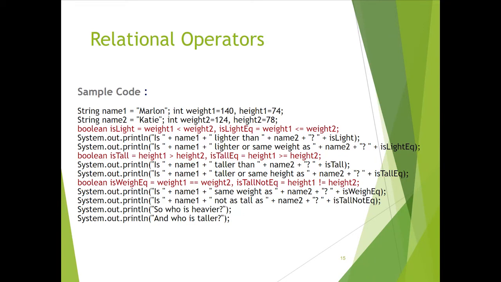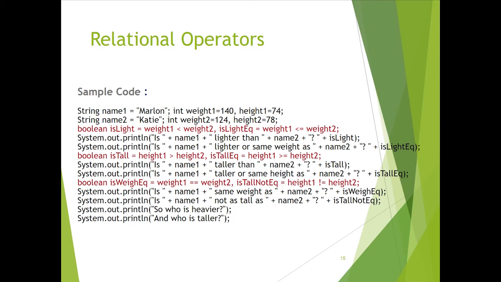Now we're going to have a boolean is light. We will be declaring a new boolean named is light. What is going to happen here is it's going to compare: is weight 1 less than weight 2? Whatever the value is will be given to the variable is light.